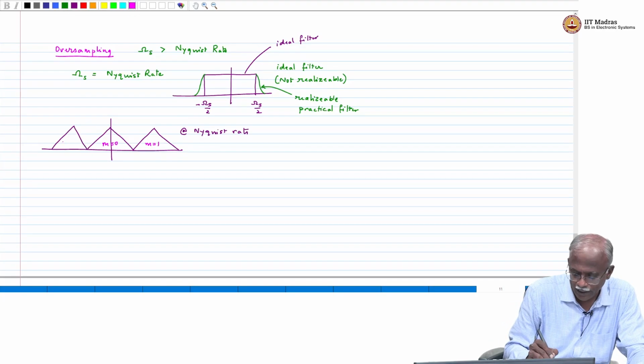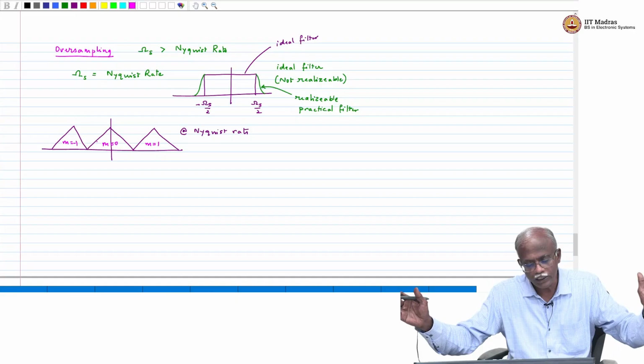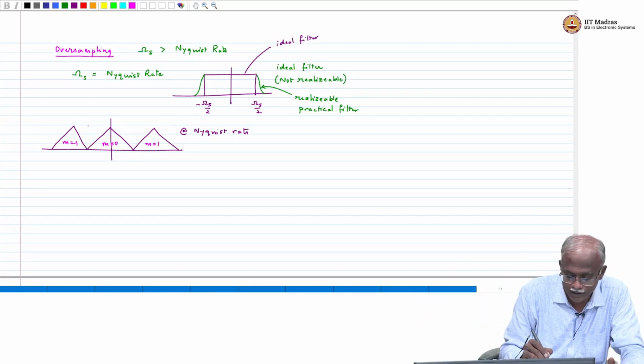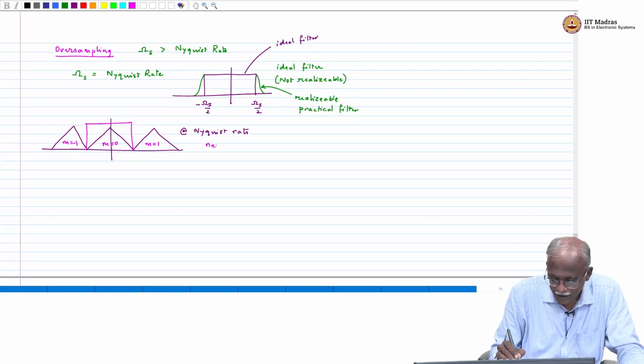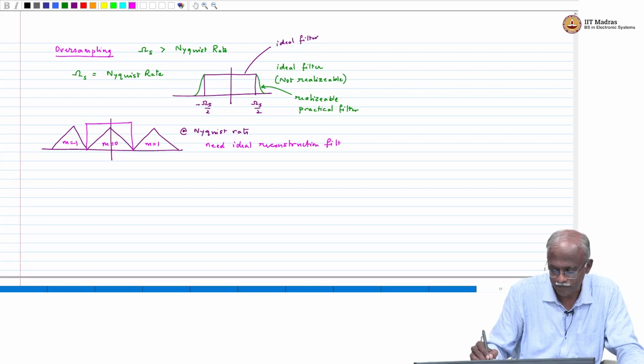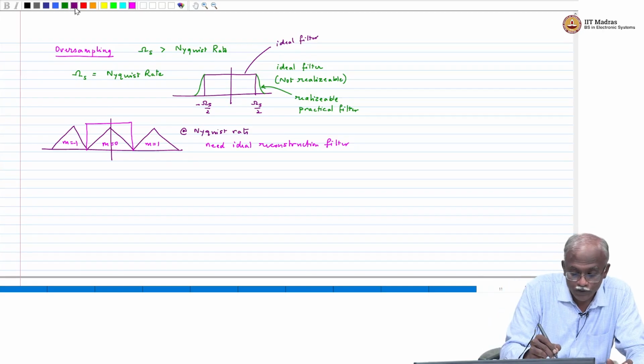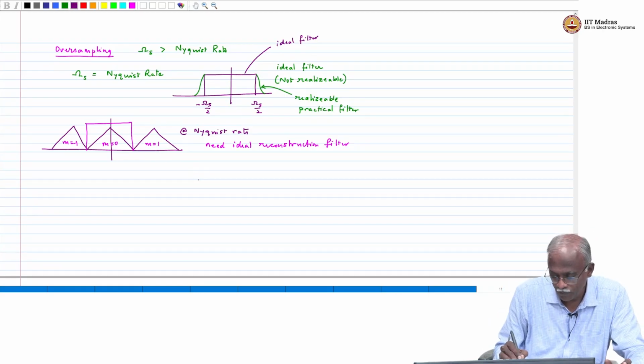The only filter that can remove all the copies without distorting the original signal is an ideal filter. So, if you are at Nyquist rate, you need an ideal reconstruction filter.